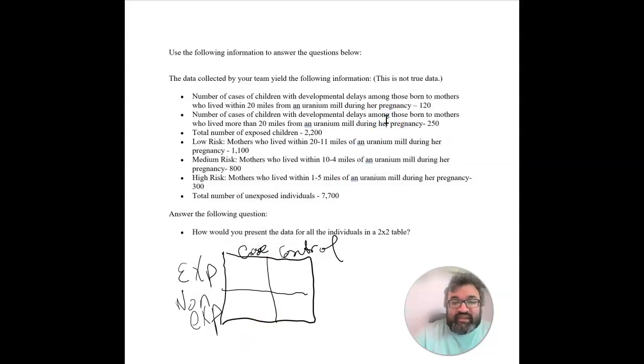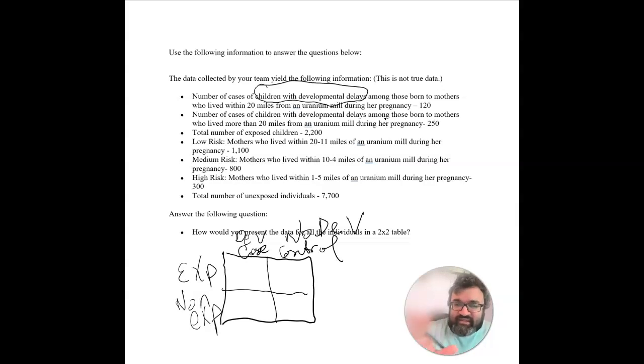If you take a look at some of this information, you see children with developmental delays, and so that would be the case. I'm just going to put DEV for developmental delays, and then control is no DEV, signifying no developmental delays.